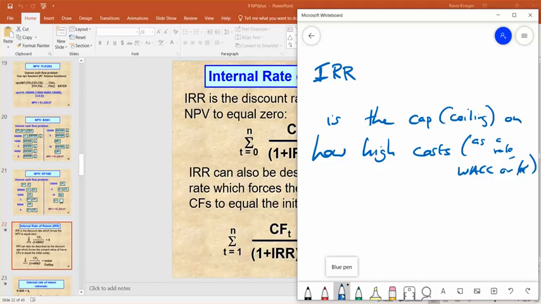How high costs can get and still have an acceptable project.